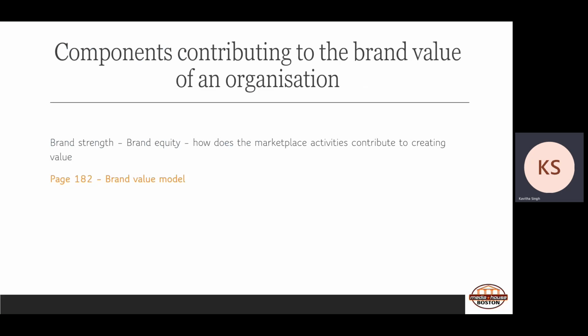Now we're going to go through the components contributing to the brand value of an organization. There are a number of components that all contribute to the brand value of the organization. So brand strength means brand equity. It's how strong the brand is. How do marketplace activities contribute to creating value?